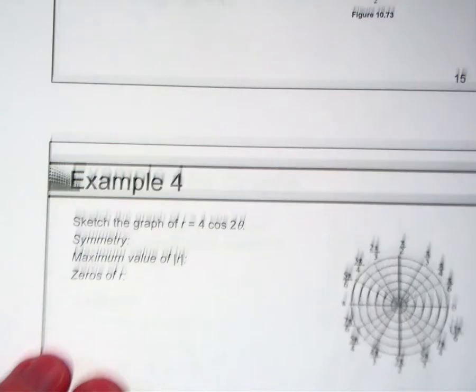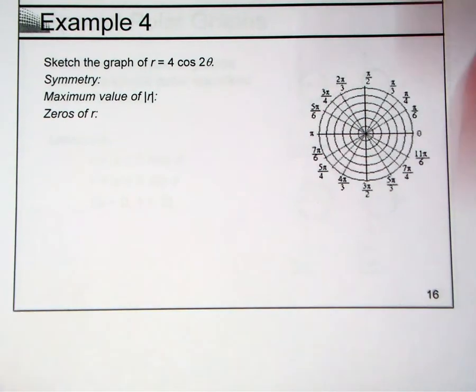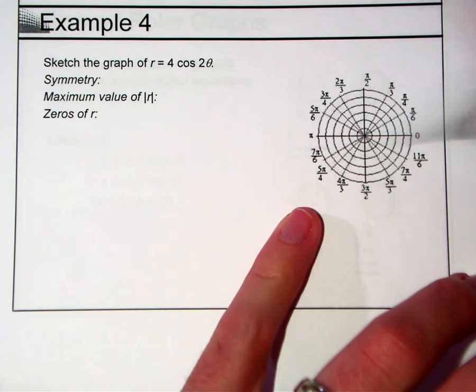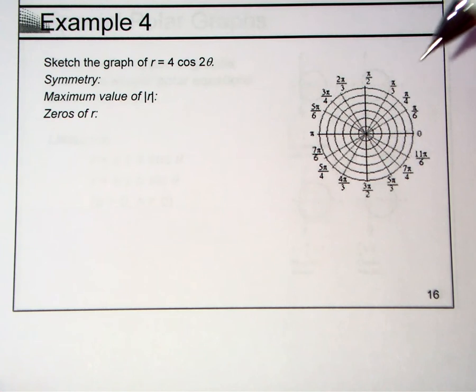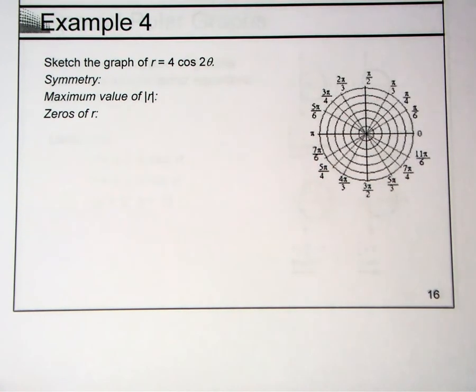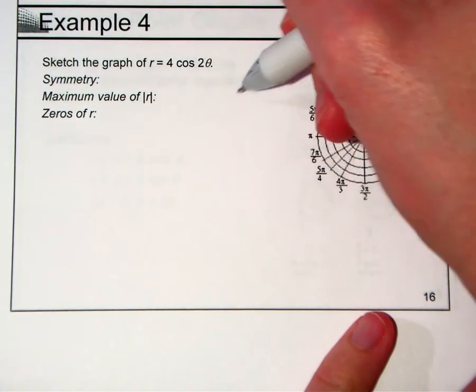Okay, 4 cosine 2 theta. So again, it's a cosine one with symmetry with the polar axis, or the x. And this is a specific one. This is going to be a 4-petal rose. So we just really need the maximums and the zeros. Think about where this would be a maximum.